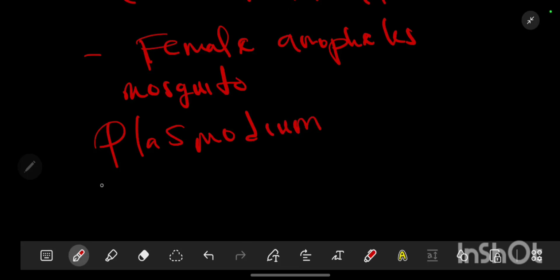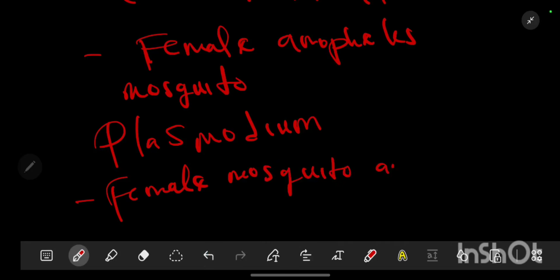So this Plasmodium has got two hosts. It has got the female mosquito and humans. So it is able to live in female mosquitoes and humans. In humans, they cause disease.